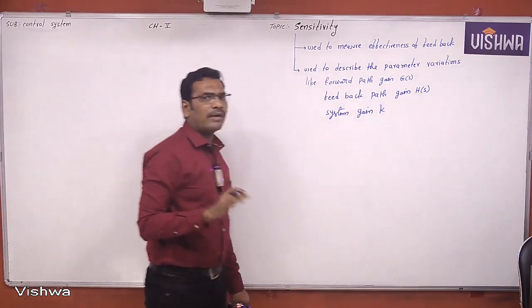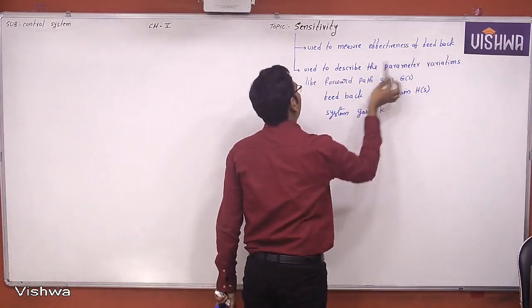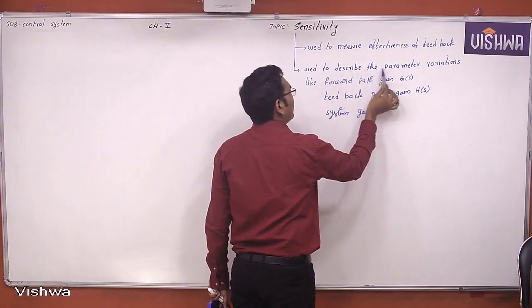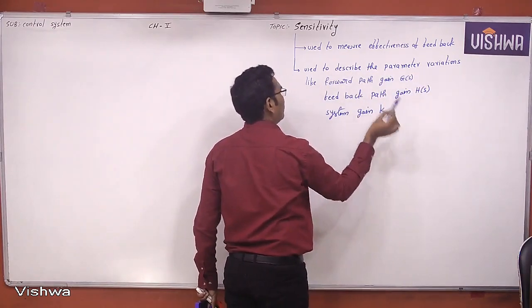Okay, so you can understand, not a problem. Sensitivity is used to measure the effectiveness of feedback, and it is used to describe the parameter variations like forward path gain, feedback path gain, system gain, and so on.